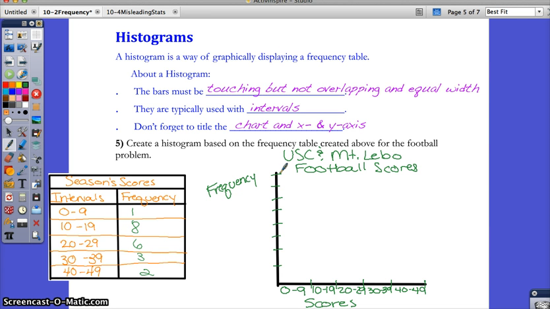All right, in the first interval, 0 to 9, you have 1 number in there, so that's going to be my first bar. If you have a ruler, it's great to use it, make it nice and straight. In my second category, I have 8, so that's going to be my one that goes all the way up to 8. And the bars are going to be touching but not overlapping.